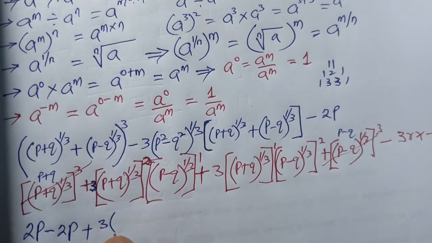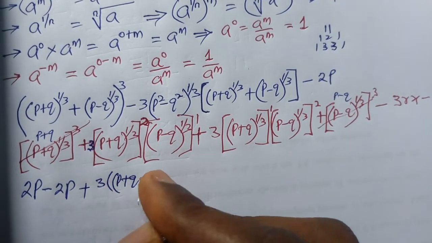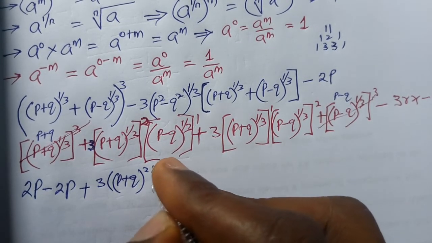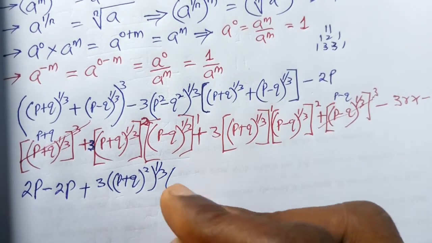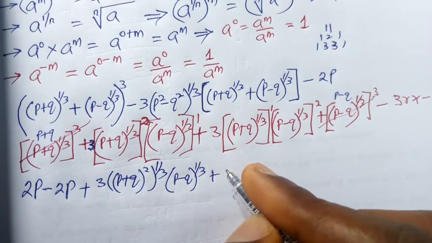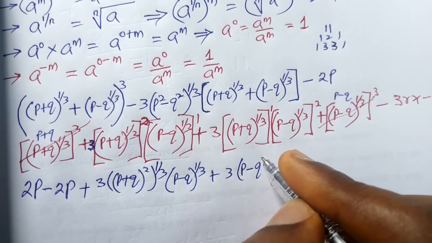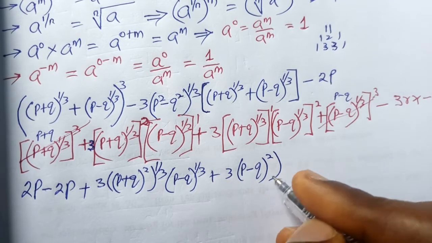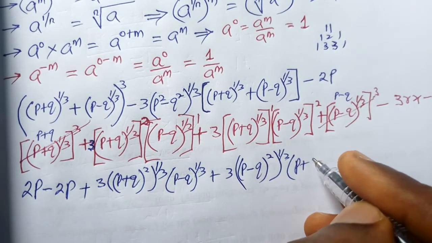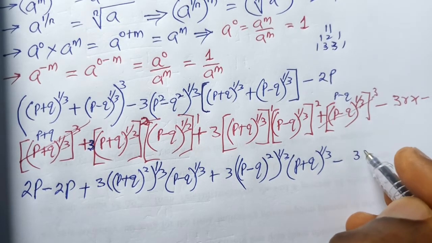3 into (P plus Q) squared, raised to power 1 over 3, into (P minus Q) to the power 1 over 3, plus 3 into (P minus Q) squared raised to power 1 over 3, into (P plus Q) raised to power 1 over 3, minus 3Rx.